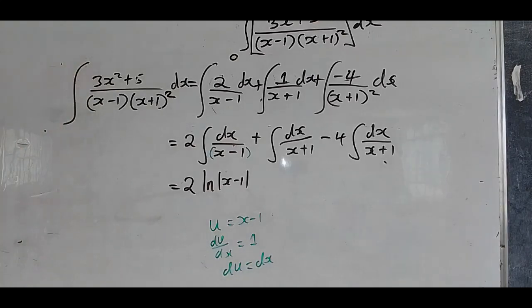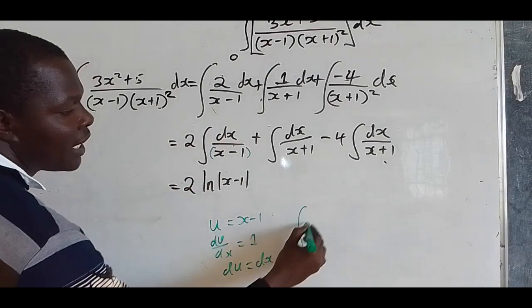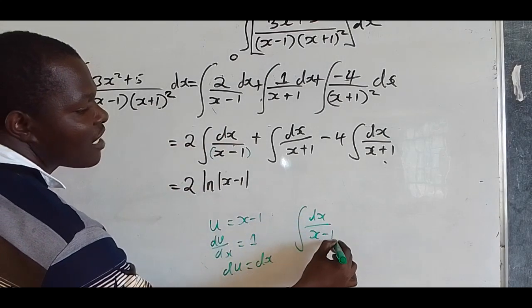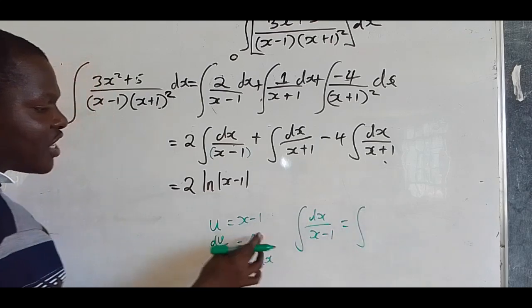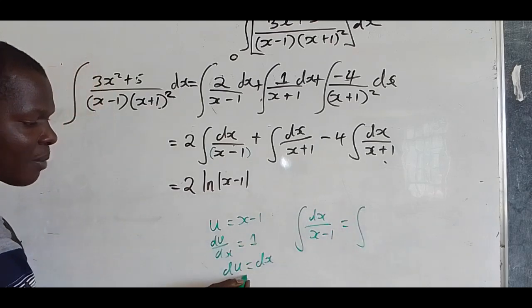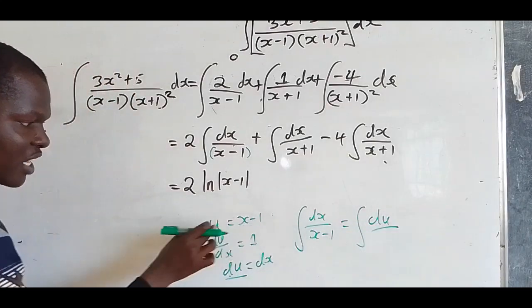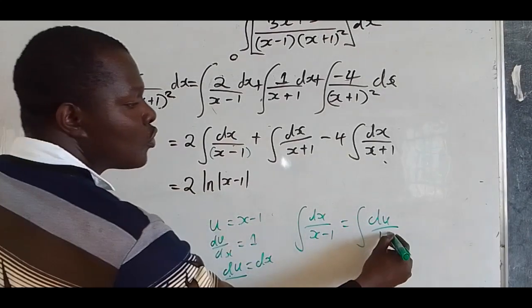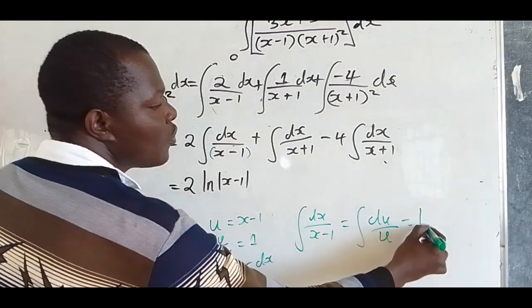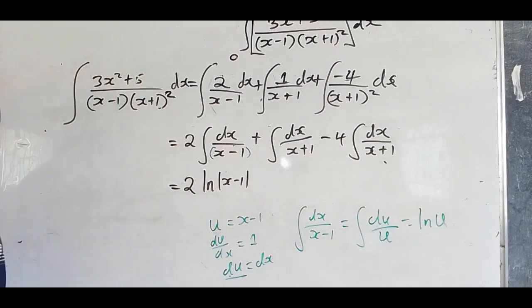Are you seeing that? So from there, you now see you are integrating dx over x minus 1. So where there is dx, put the value of dx. Dx is the same as du, over x minus 1 is the same as u. So you can see if you integrate du over u, you get ln of u.